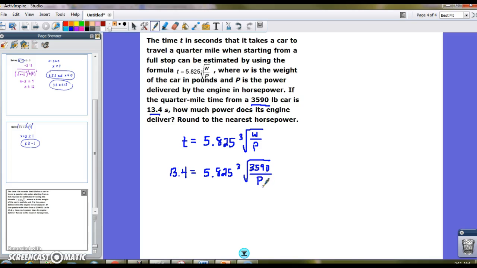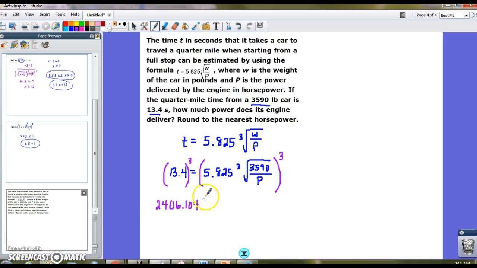Okay. I want to get rid of that cube root, so I am going to cube both sides of my equation. I'll change colors here. Remember, this is just like what we did yesterday. I'm cubing the entire side of my equation, which means over here when I cube 13.4, I end up with 2,406.104.